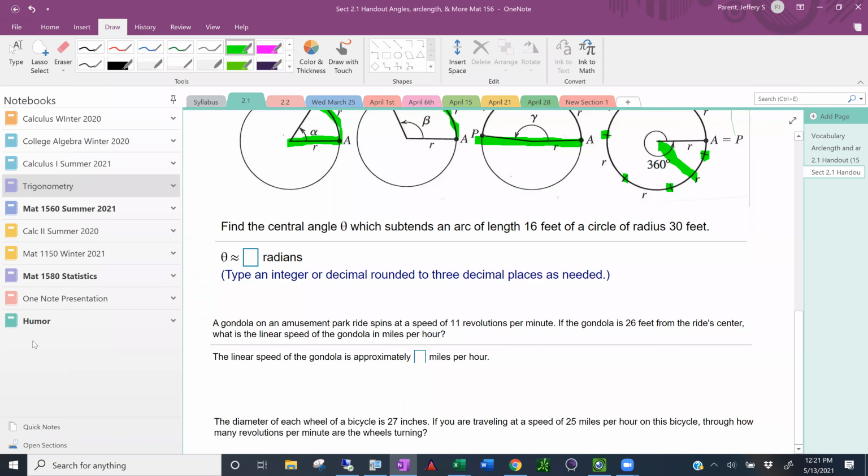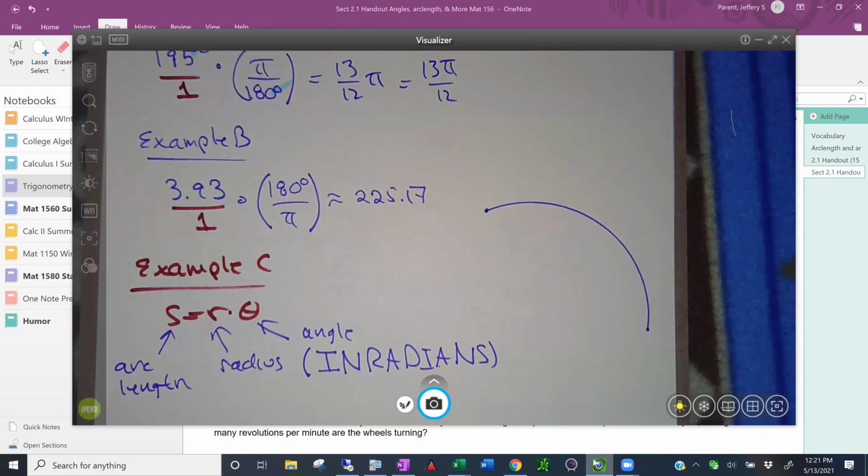Let's take a look at this one. So we're asked to find theta when we've got a length of arc, which is 16 feet, and a circle of radius 30 feet. So let's think about what that might look like. So something like this, maybe.